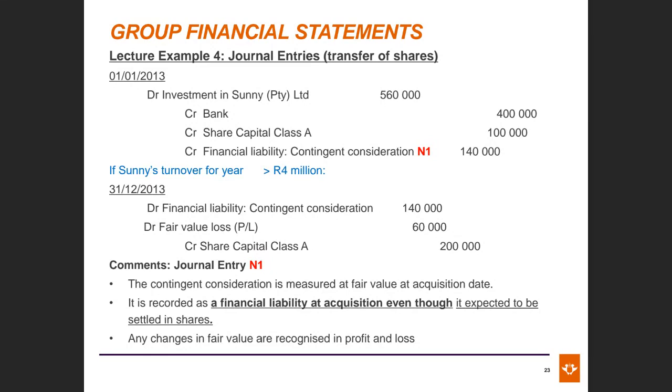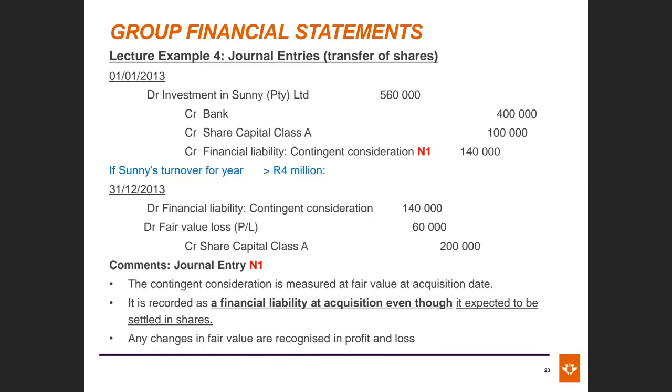Now at the end of the year, Sunny's turnover is greater than 4 million. So now we need to decide what we are going to do with this financial liability. It is recorded at fair value at acquisition date, but then we need to record any changes in fair value on the 31st of December 2013. So here now, because the event happened, we are going to pay 200,000 Rand worth of shares, okay?